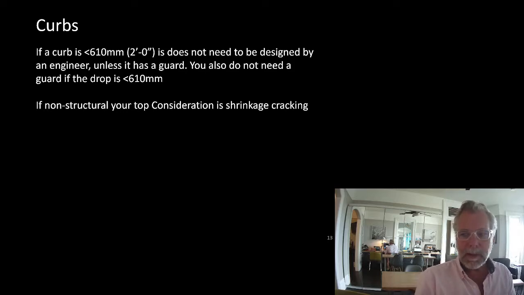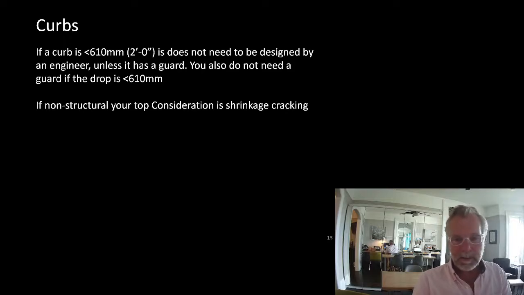So we're going to talk about curbs, to distinguish them from walls. You're very well used to what a curb is because there are curbs adjacent to roadways. A curb is like a little wall that is less than 2 feet tall, or less than 610 millimeters.